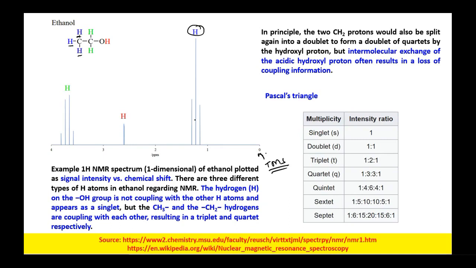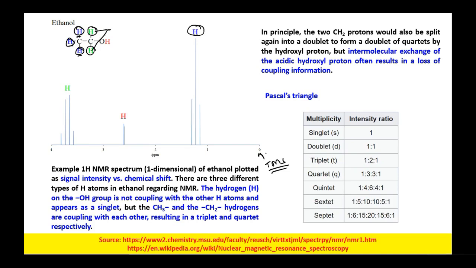Now for these 3 atoms, you have got 3 peaks. So is it due to these 3 atoms? No. It is basically the coupling of these hydrogen atoms with the green hydrogen atoms.